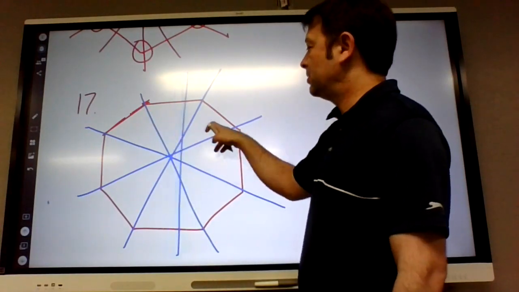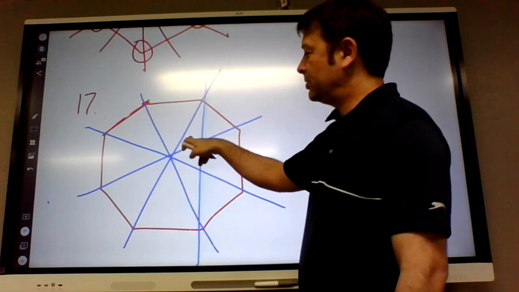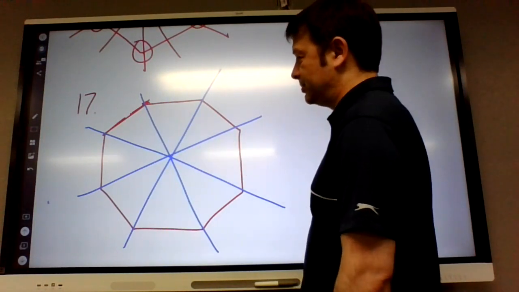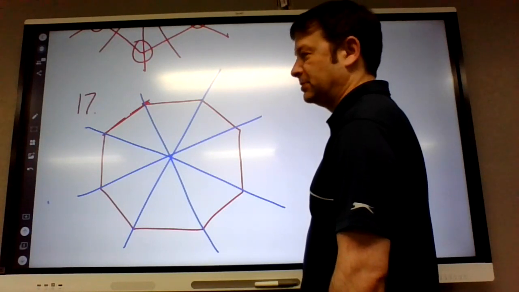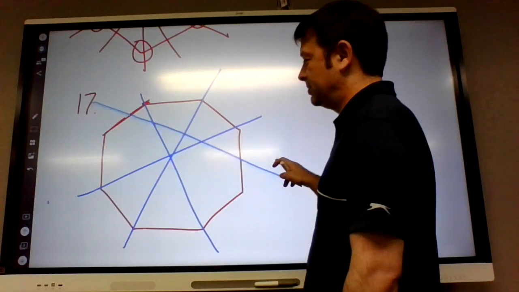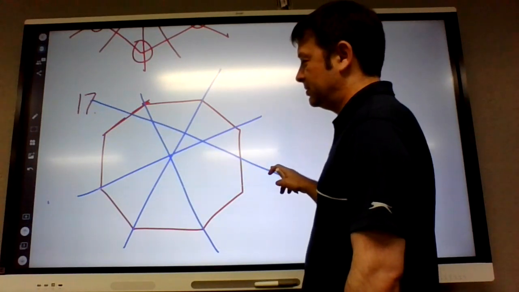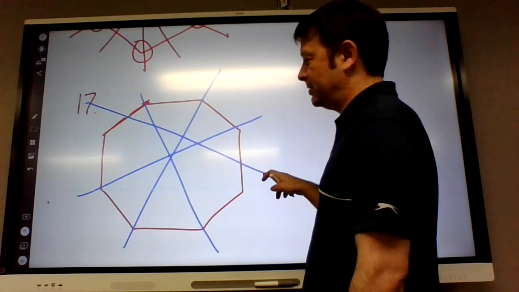Okay, 16. Not only do you go vertex to vertex, you also go... so how many are those? 8. 7. How many lines?